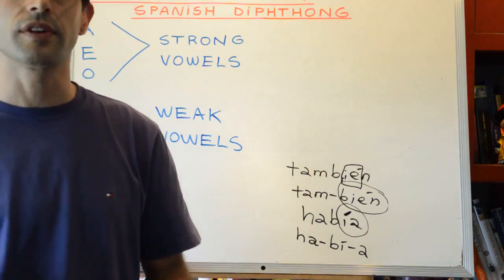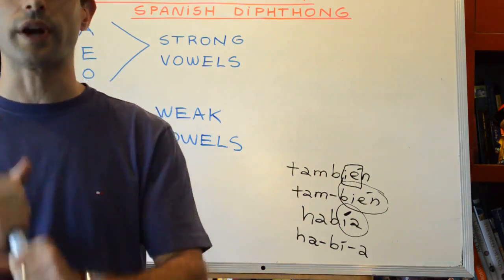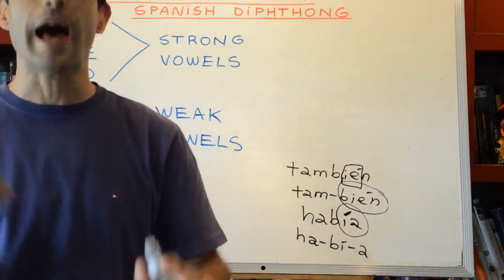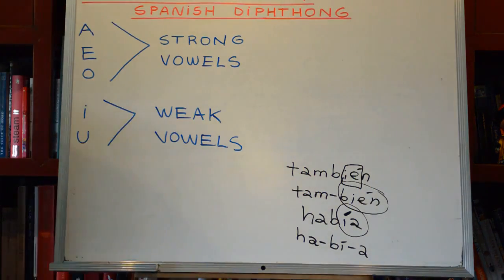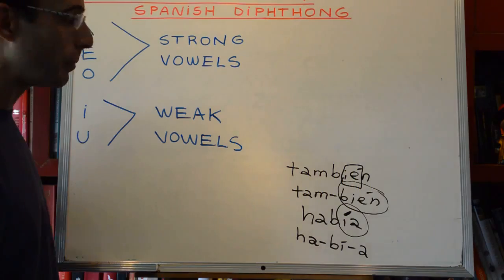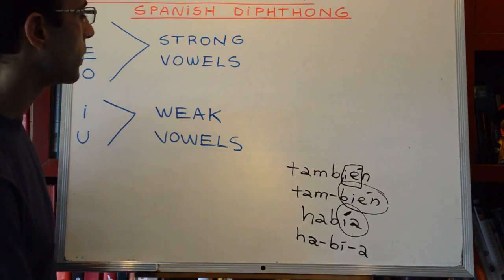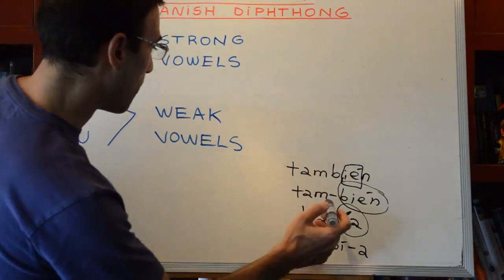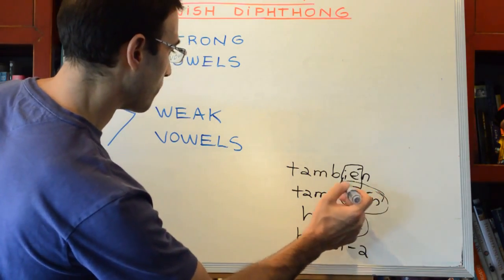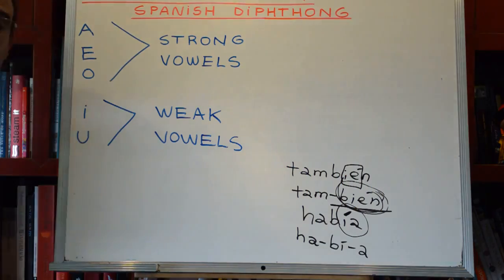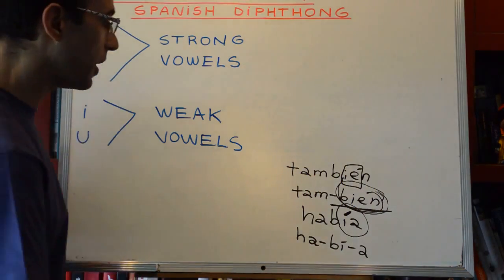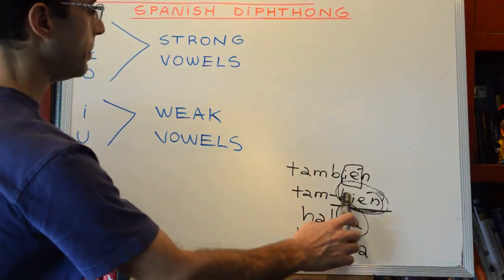Which syllable is stressed? It's that one. In the case of también, the stress in the intonation is in the last syllable, bien.